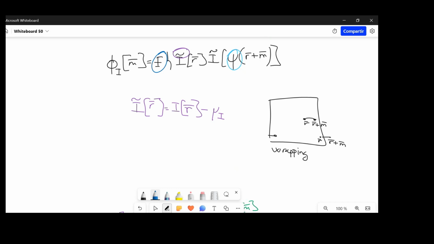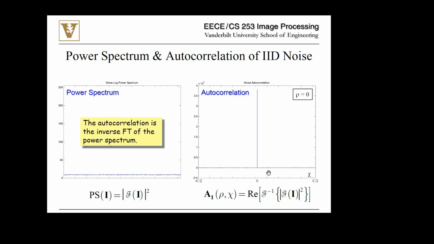We just have one. So with one, you can look at lag 0 here, and you get a little bit of noise. If you take many realizations and average all these autocorrelations, then this will go to 0.